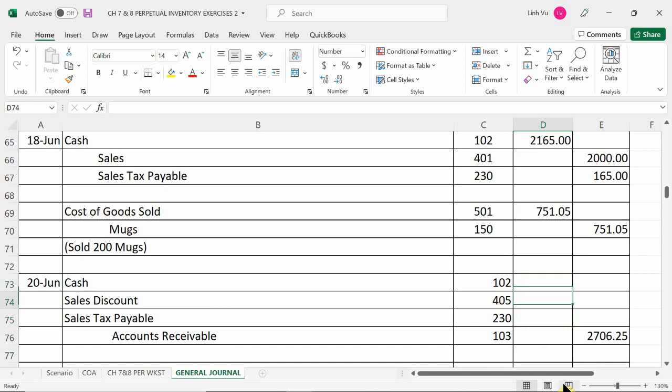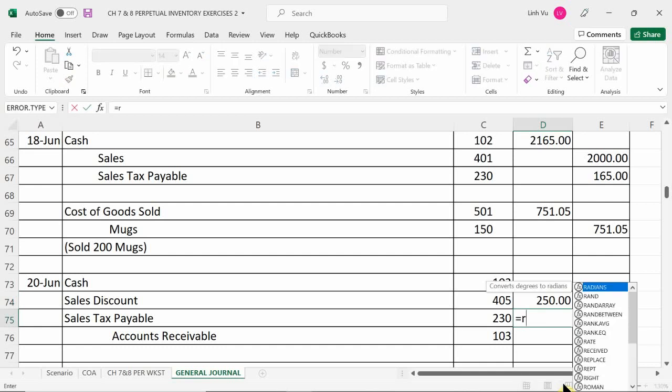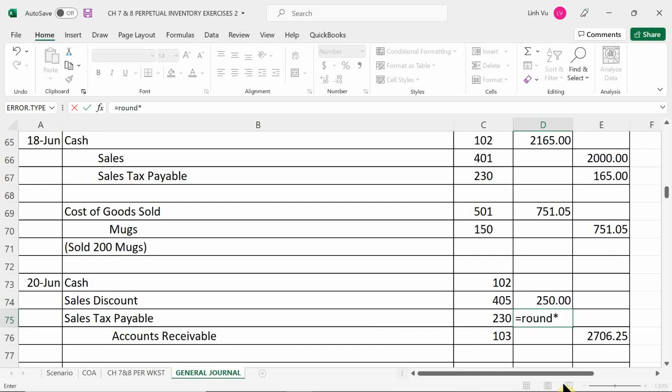Now, of course, she gets to take a 10% discount because they meet the terms. So how much is my discount amount? $250. So then how much tax am I refunding? $20.63.